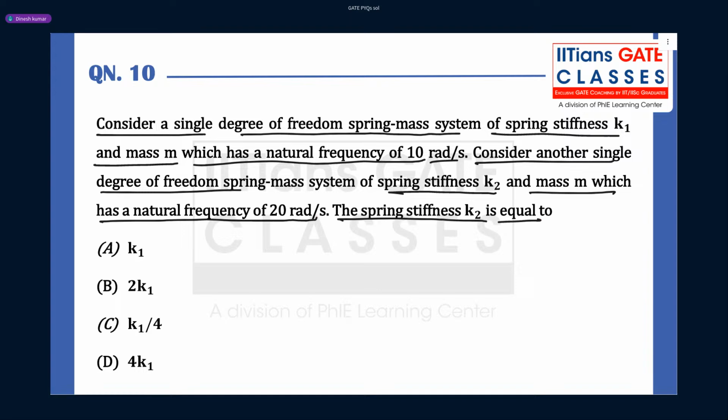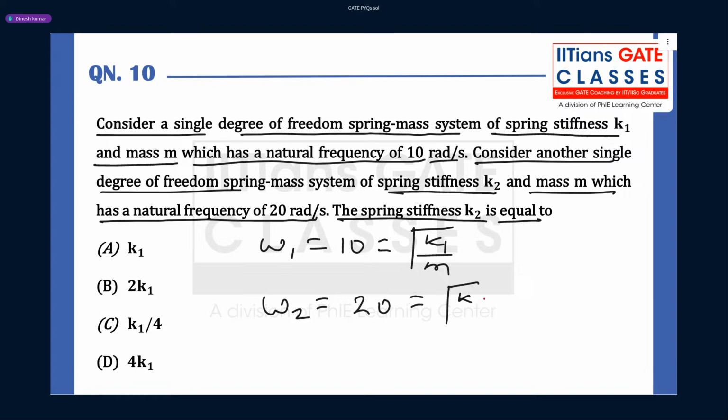So, guys, in this case they are keeping mass the same, but they are changing stiffness. Initially natural frequency omega 1 is 10, which is under root k1 by m. In the second case, the natural frequency is 20, which is under root k2 by m. Mass is the same. Now just divide 1 by 2. We get 1 by 2 equal to under root k1 by k2.